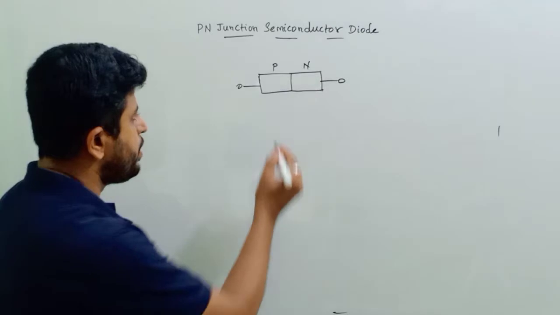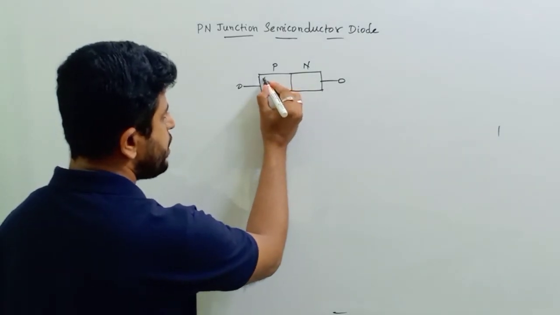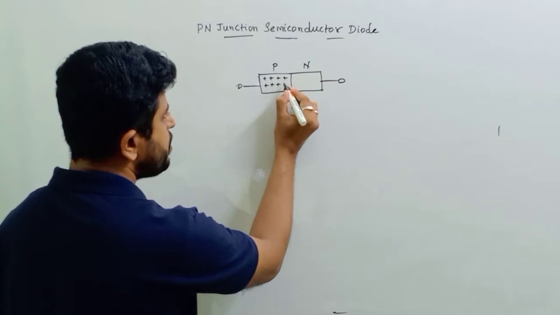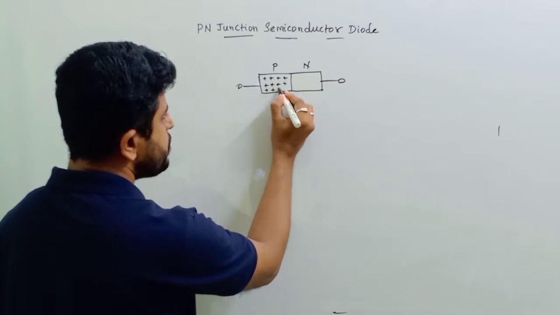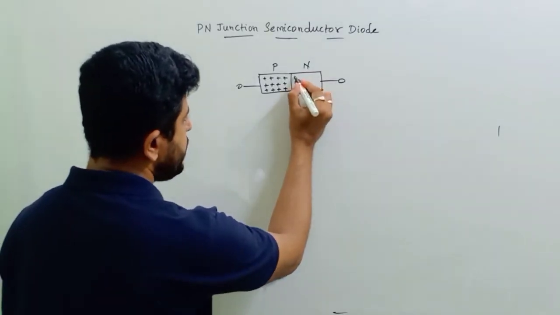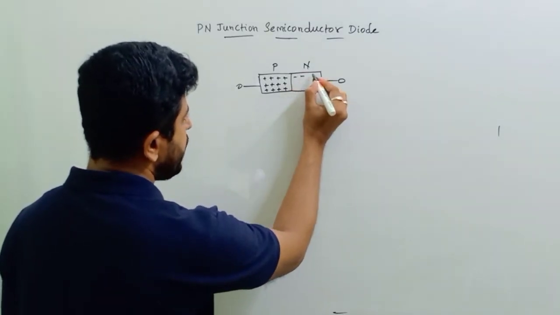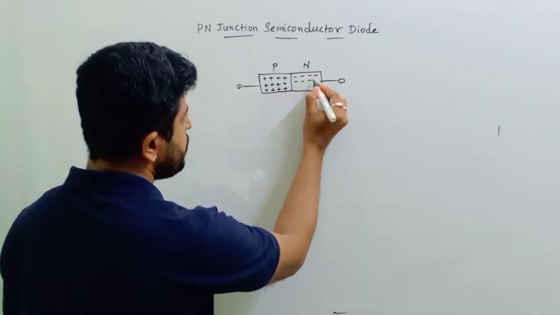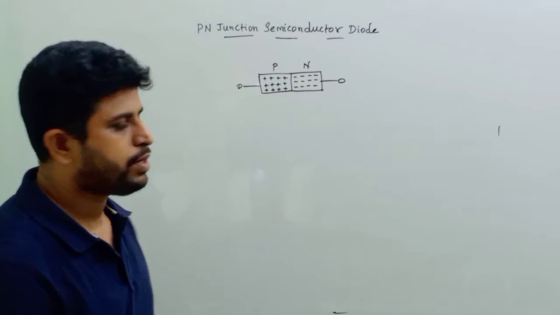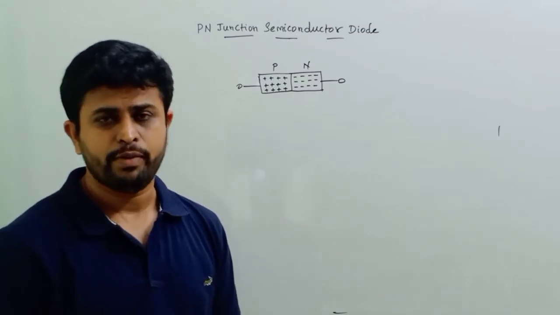Let us represent the majority charge carriers inside the P type semiconductor material using the plus symbol, and the majority charges, that is electrons, in N type using the minus symbol. This is our structure of a PN junction.